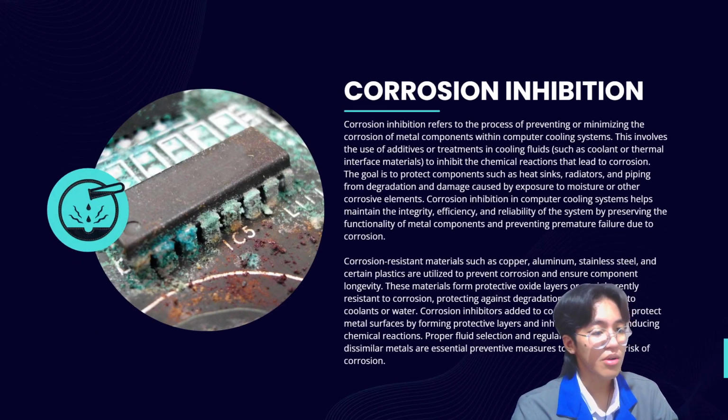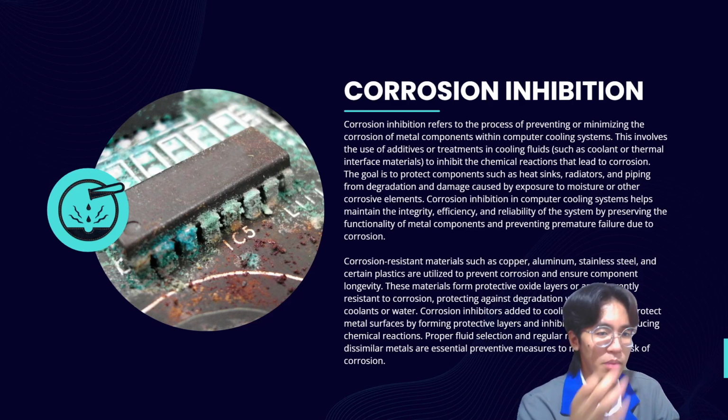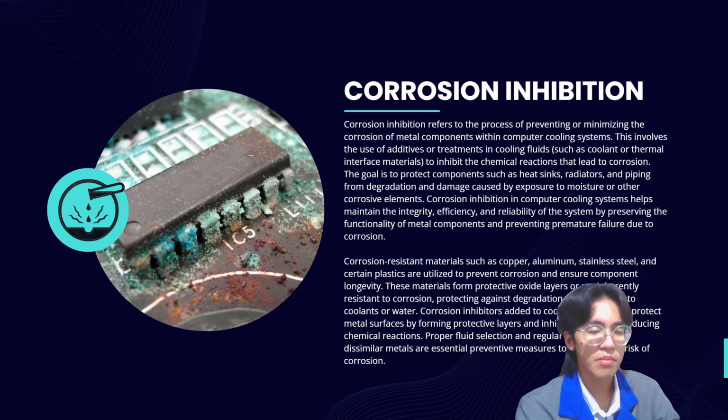Next is corrosion inhibition. Corrosion inhibition refers to the process of preventing or minimizing corrosion of metal components within computer cooling systems. This involves the use of additives or treatments in cooling fluids, such as a coolant or thermal interface materials, to inhibit the chemical reaction that leads to corrosion.